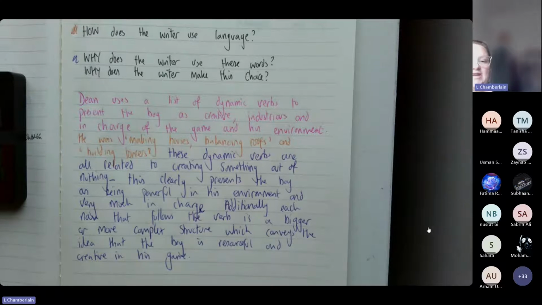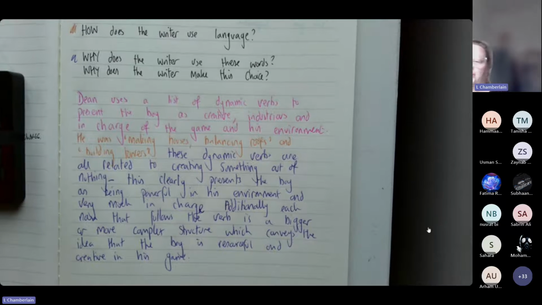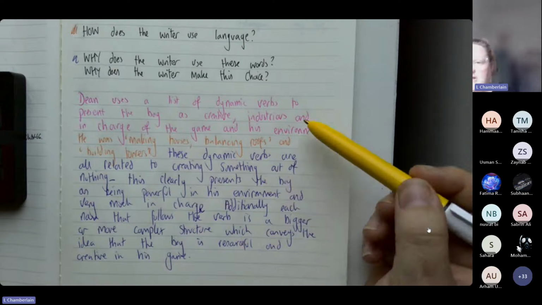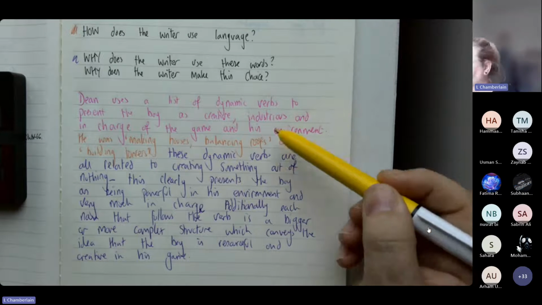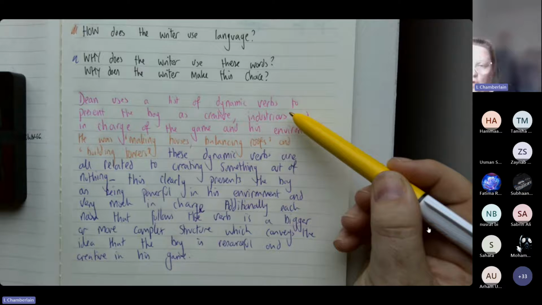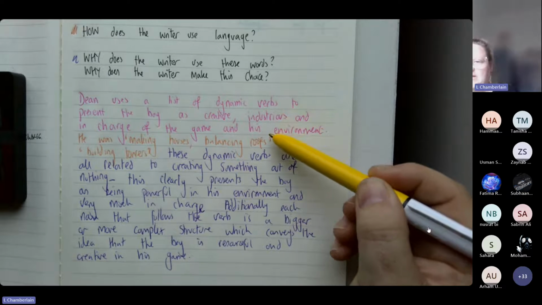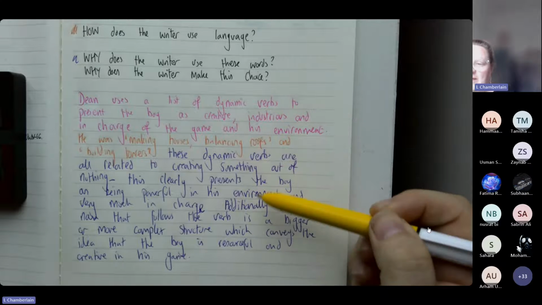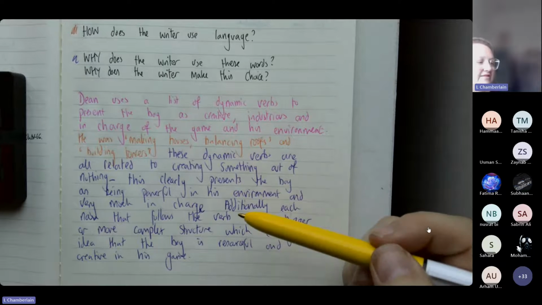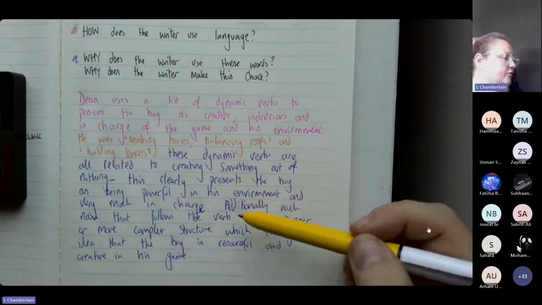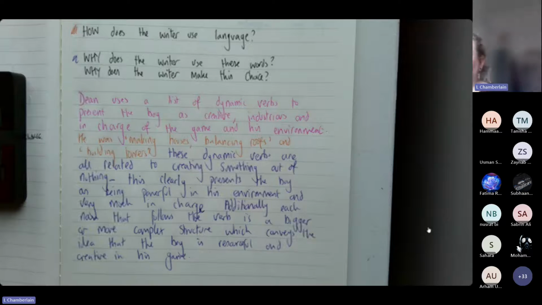Additionally, each noun that follows the verb is a bigger or more complex structure, which conveys the idea that the boy is resourceful and creative in his game. So I've made my inference. I've made my point, or my what, which is an inference in some ways. I've got my quotation, and then I've expanded upon it. Then I've analysed it. Then I've delved deep into the language. And that's absolutely what you need to be doing for this question, okay?